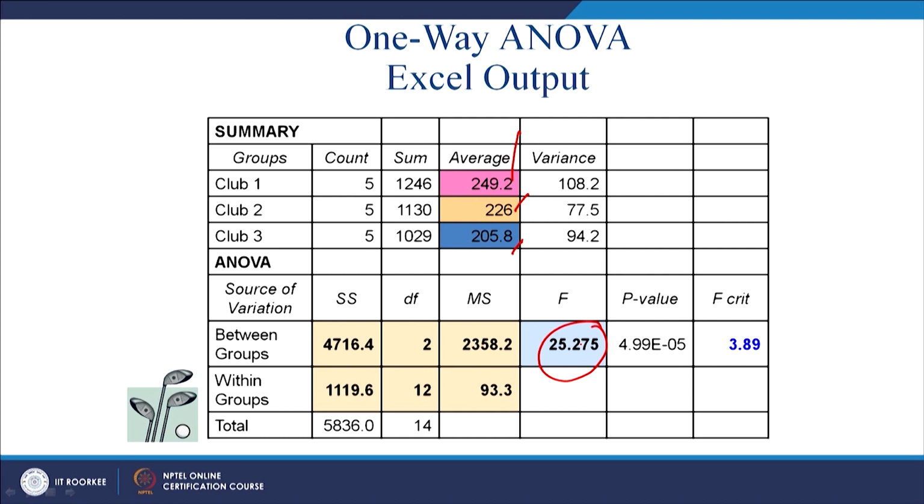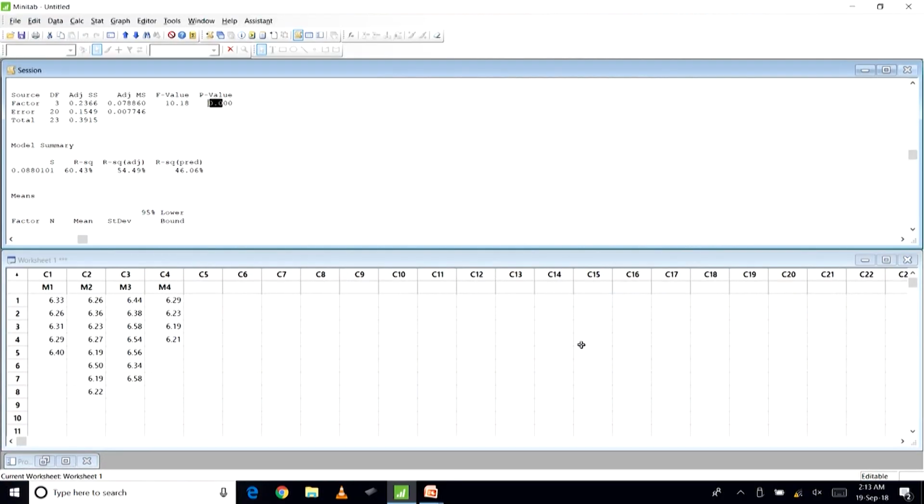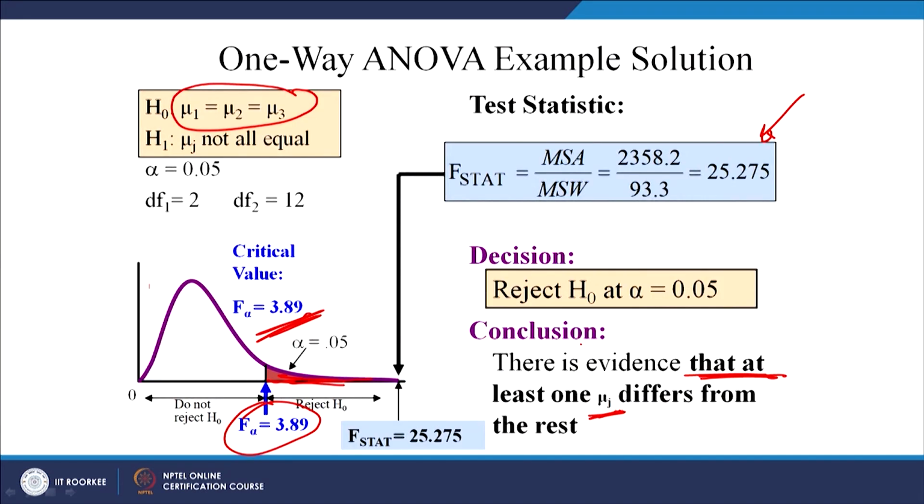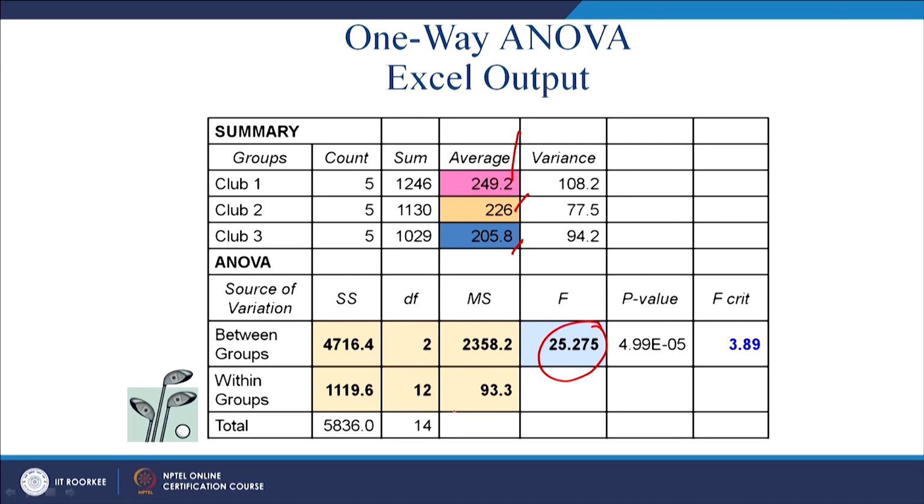Let us see whether it was there or not. We will solve this question a little later using Minitab. But this is our calculated F statistic, 25.27, and the output from Excel is same, right, and F critical is 3.89.